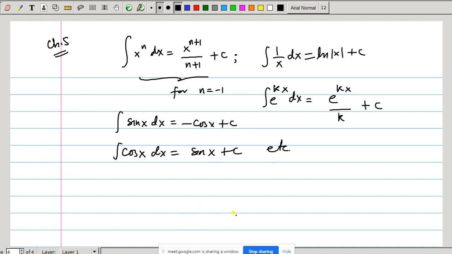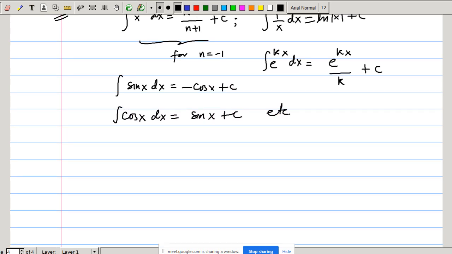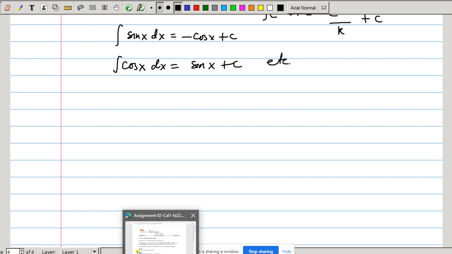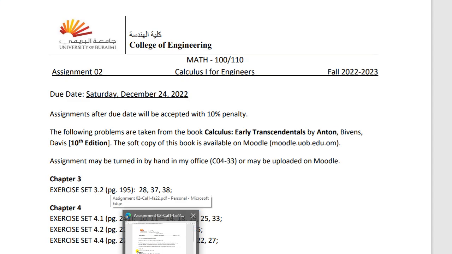So now, if we are looking for 5.2, it contains only these type of formulas, which means I can give you a combination of these integrations.